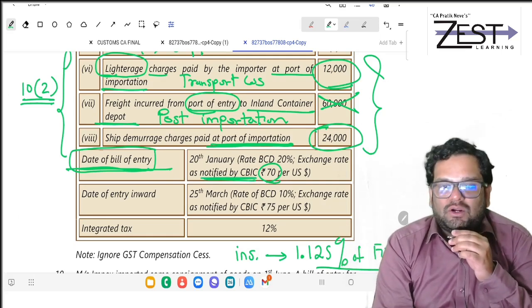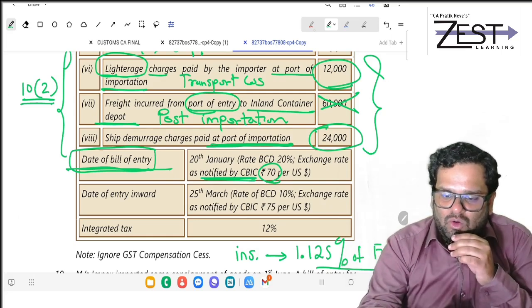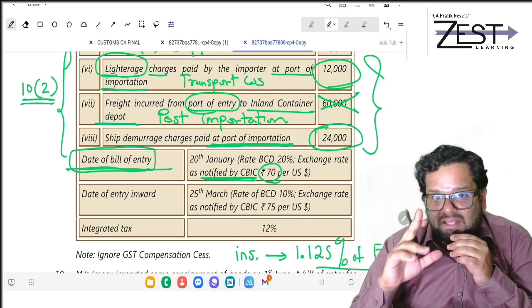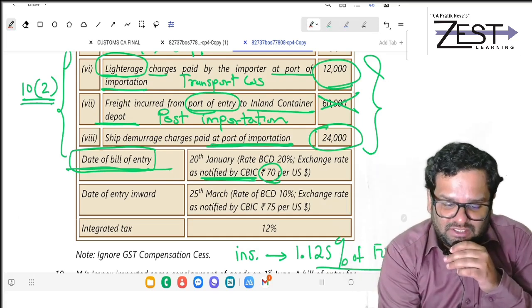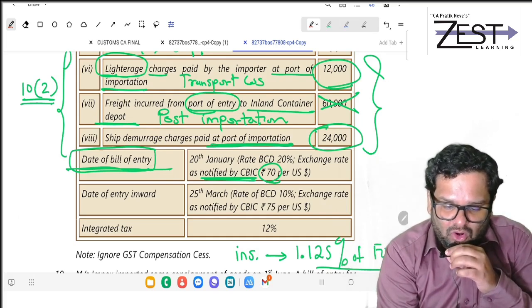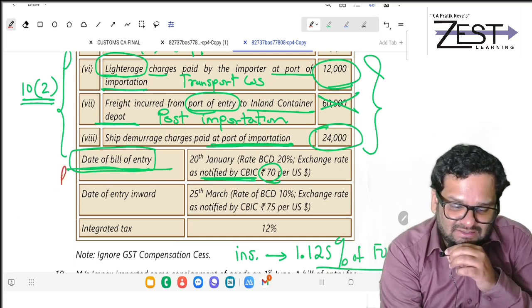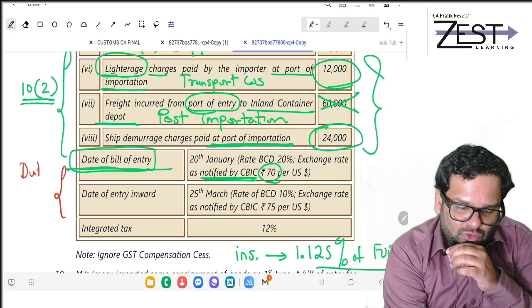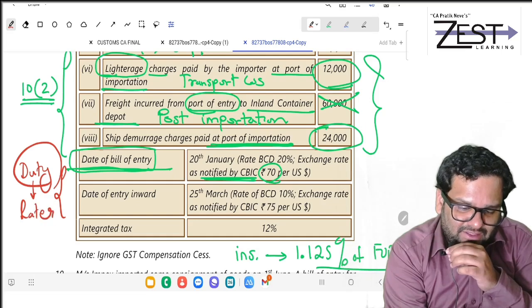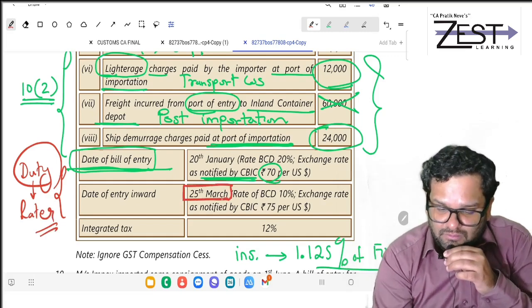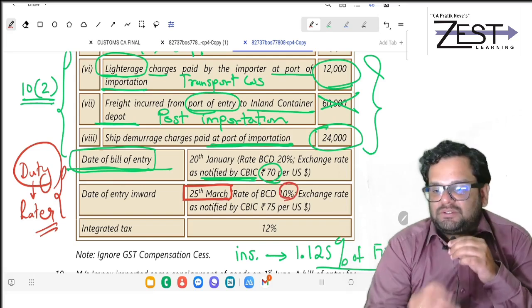Now what about rate of duty? Rate of duty will be as on the date of presentation of bill of entry or entry inwards of vessel, whichever is later. One is 20 Jan, one is 25th March. I will take 25th March, which is 10%.